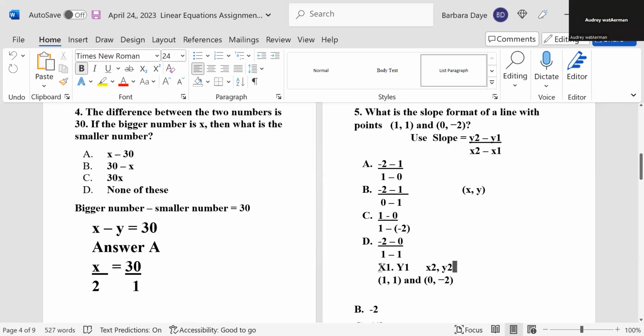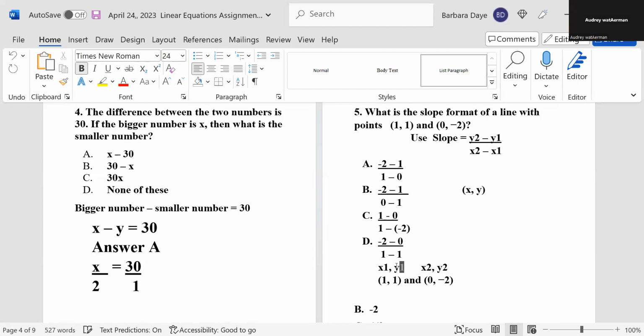All right, so I'm calling this X1. Let's just put little x. So I label them: X1, Y1, and X2, Y2. And then it's just a matter of substituting.